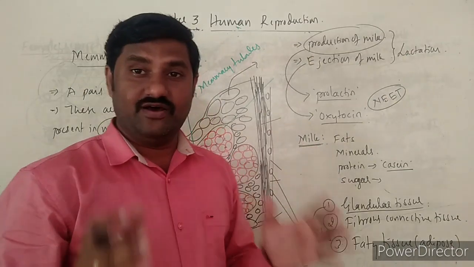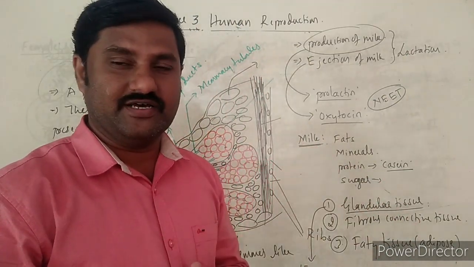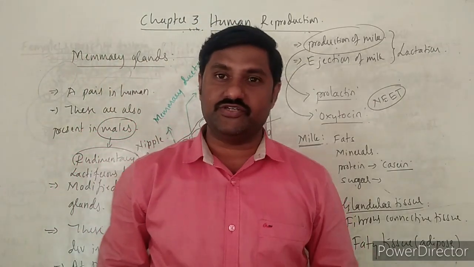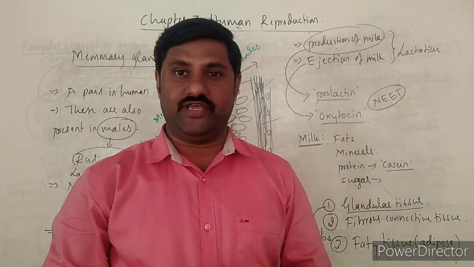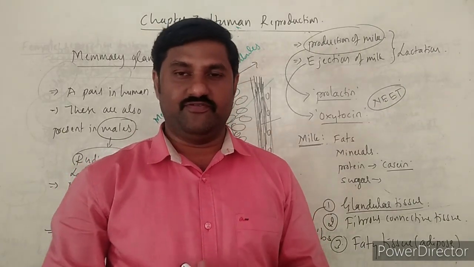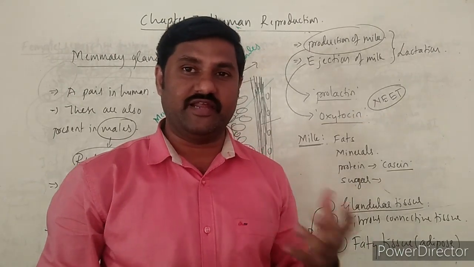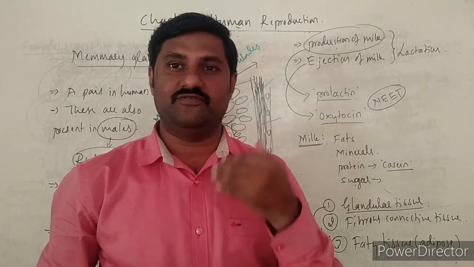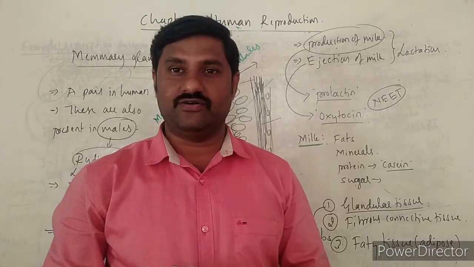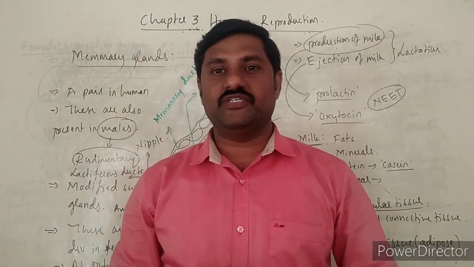Along with this, in mother's milk, the milk which is produced initially after parturition, for about a few days, whatever milk comes out of the mammary glands of the female after parturition, the delivery of the baby, is called colostrum. This is a very important term that you must remember.